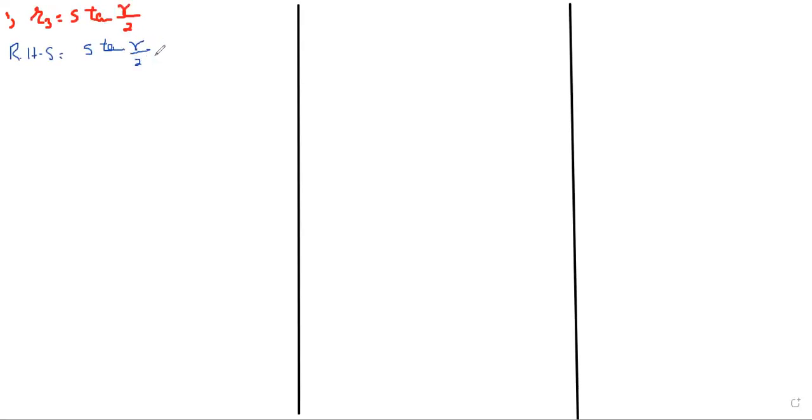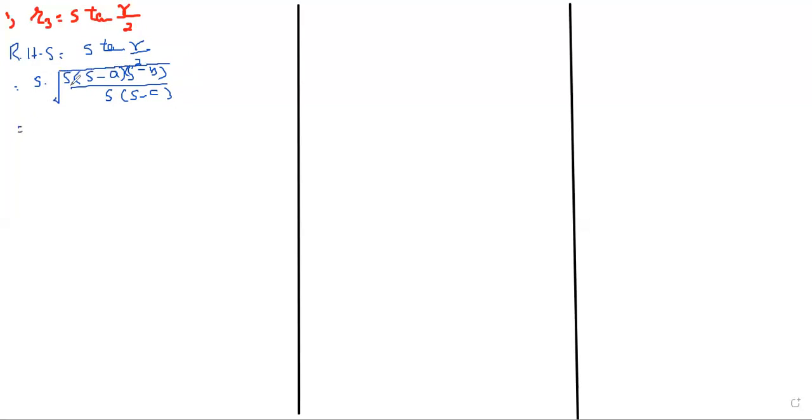And I know that tangent gamma by 2 is the root of S minus A, S minus B, divided by S minus C.